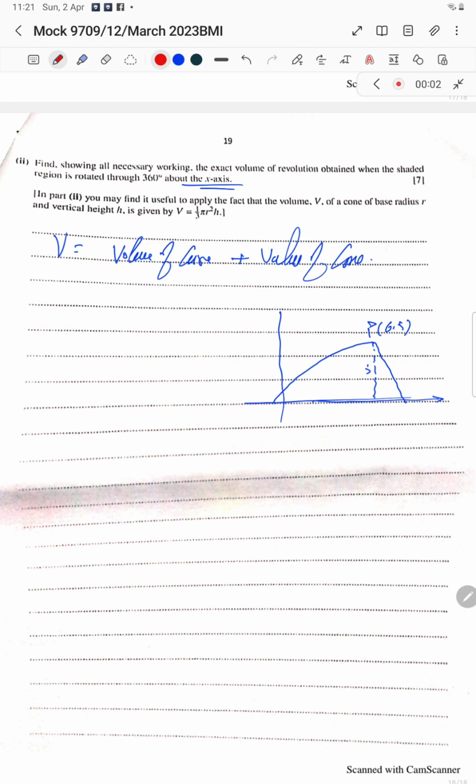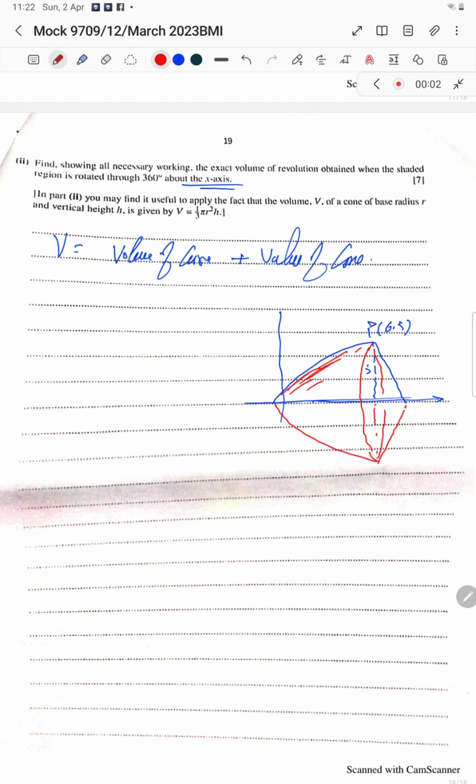So the rotation goes down along the x-axis, and this curve and the shape of the triangle will give you the shape of the cone when it starts rotating.